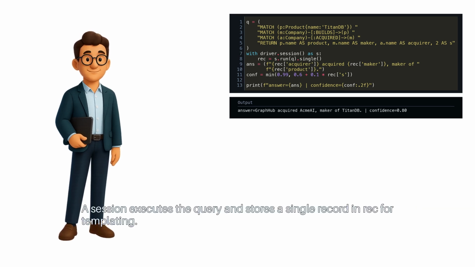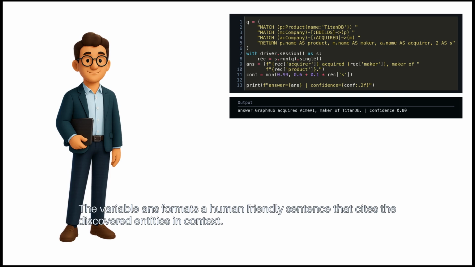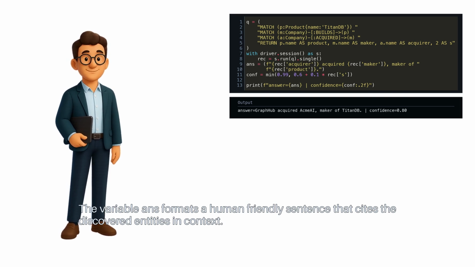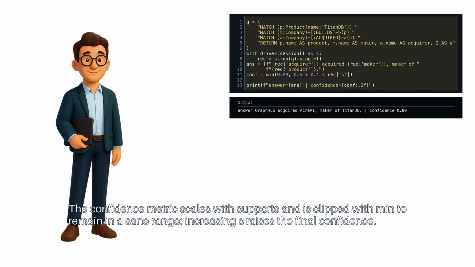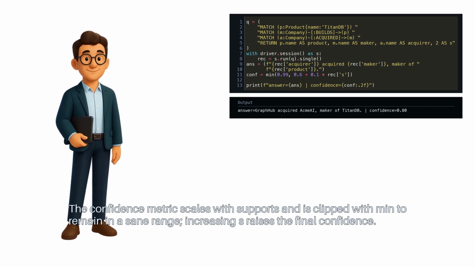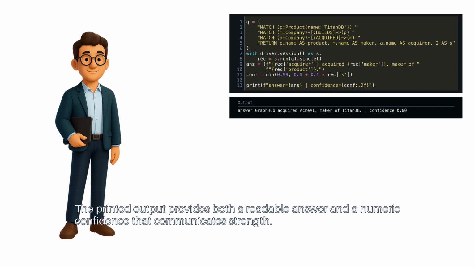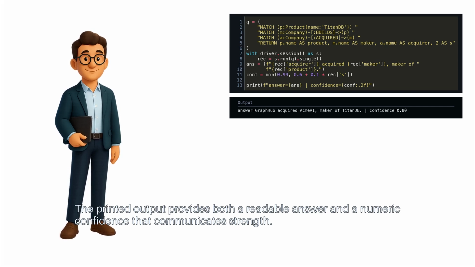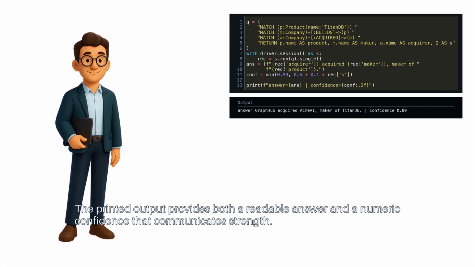A session executes the query and stores a single record in rec for templating. The variable ANS formats a human-friendly sentence that cites the discovered entities in context. The confidence metric scales with supports and is clipped with min to remain in a sane range. Increasing S raises the final confidence. The printed output provides both a readable answer and a numeric confidence that communicates strength.